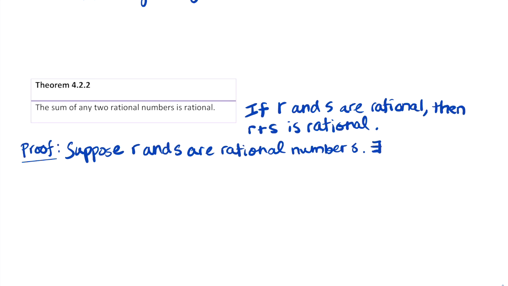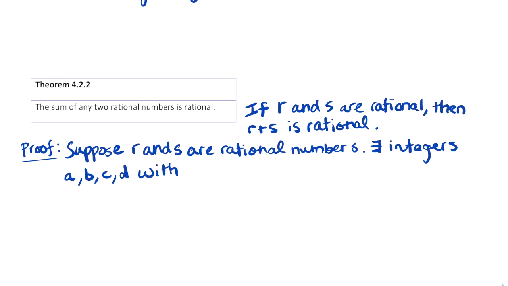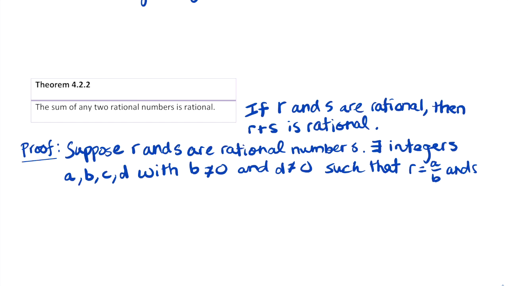Well, since we've got rational numbers, there's going to exist integers A, B, C, and D with B not equal to 0 and D not equal to 0, such that R equals A over B and S equals C over D. Well, what do we have then?